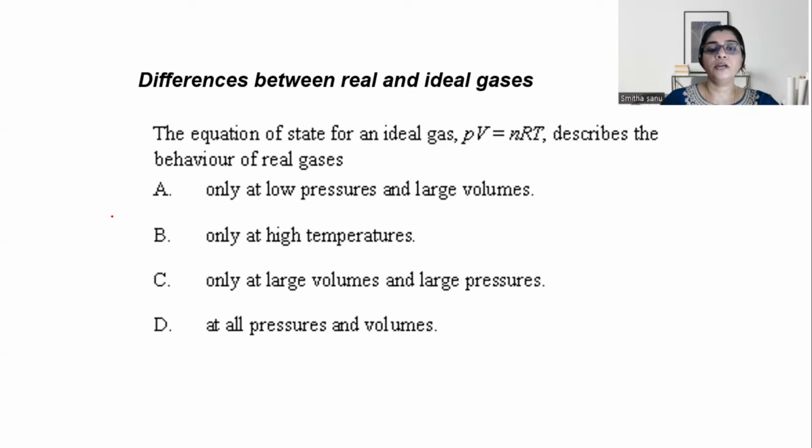Only at low pressure, large volumes, or only at high temperature, only at large volumes and large pressures, or at all pressures and volumes? They are asking for the property of a real gas. In a real gas, they have potential energy. So to have potential energy, it should be large volume and low pressure.